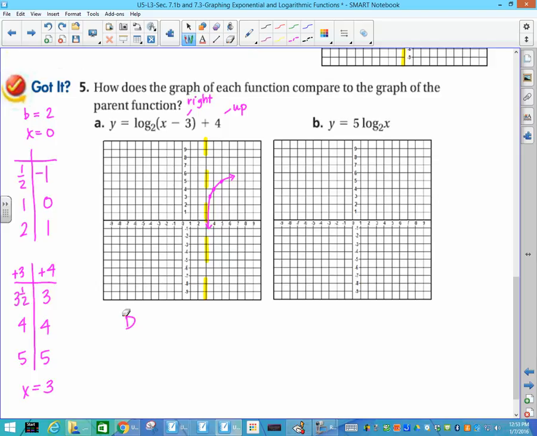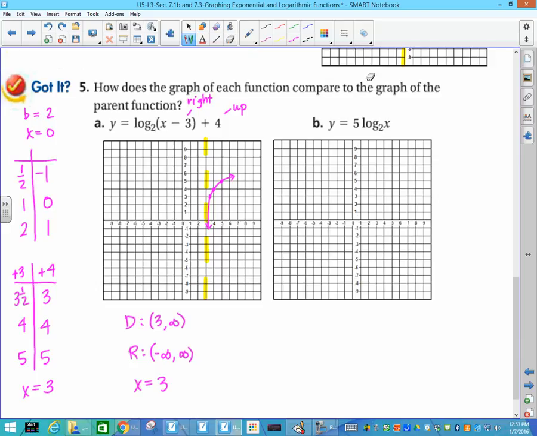I'll go ahead and write that down. Our domain is 3 to infinity. My range, negative infinity to infinity. My intercepts, I'm not going to go there. And my asymptote was x equals 3.